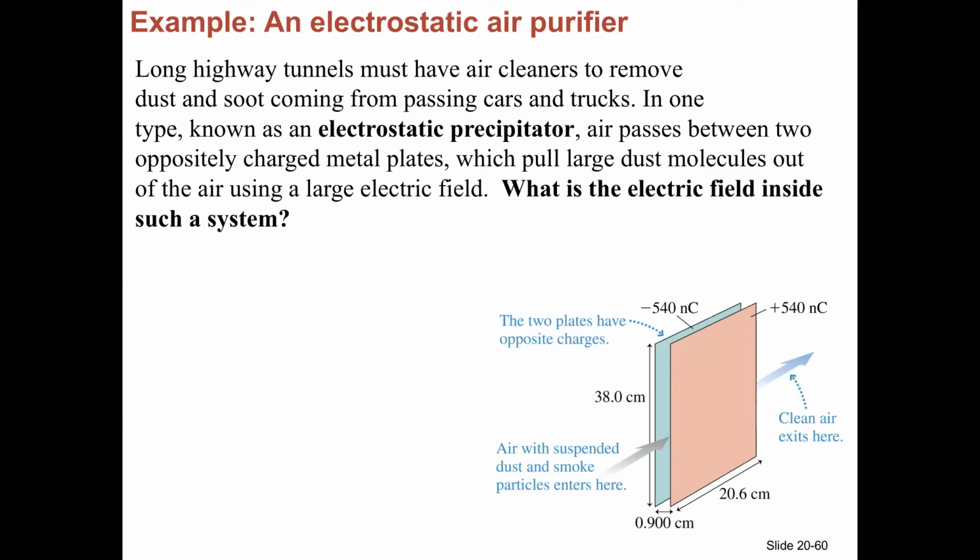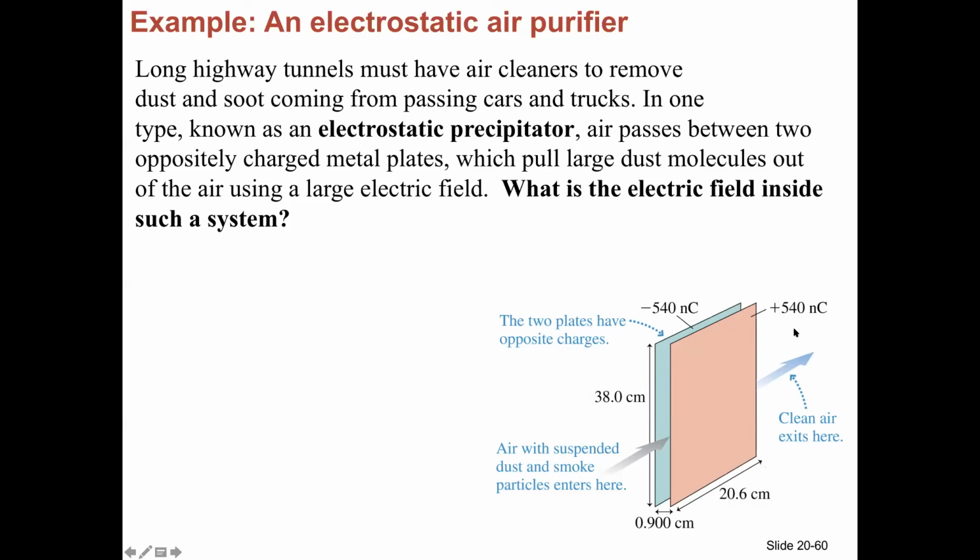So in this example, we're given some numbers for this air purifier. We're told the plates inside the purifier are rectangular, with a 38 centimeter length and a 20.6 centimeter width.